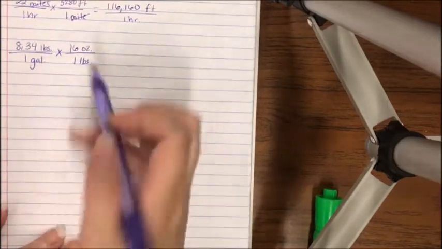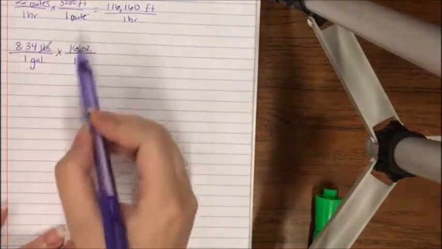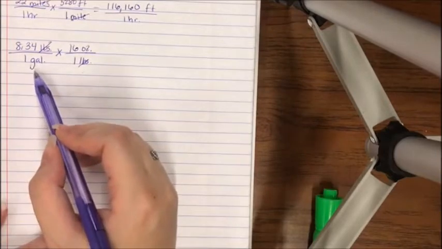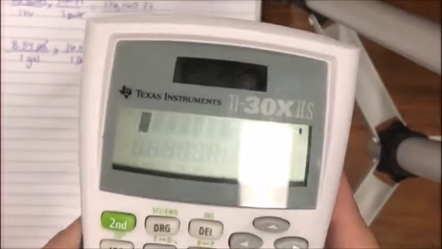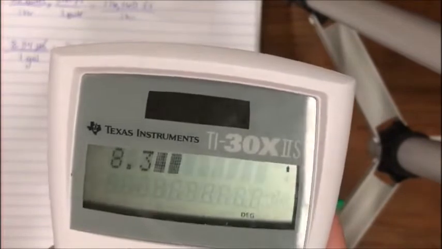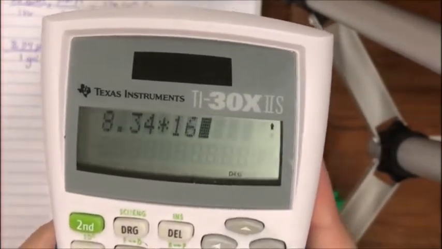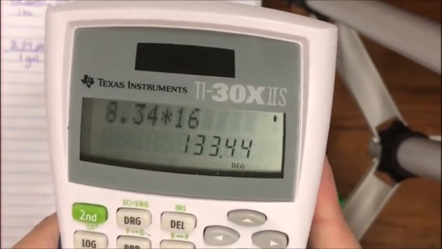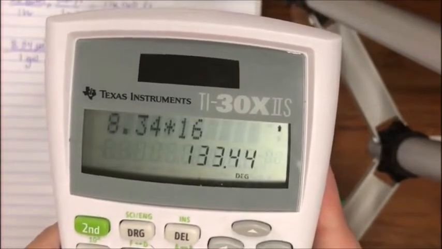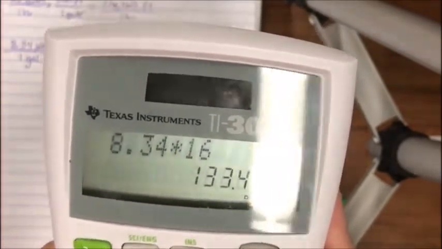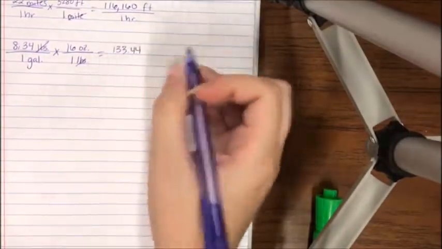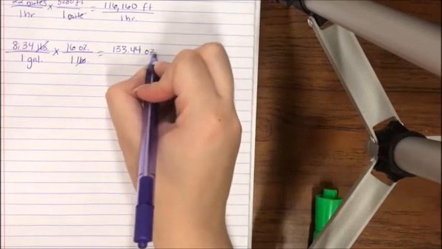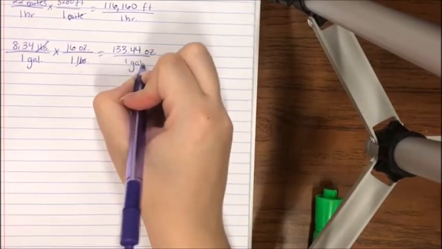Now I have pounds and pounds, so I can cancel that out, and I'm left with ounces and gallons, which is what I wanted in my original problem. So now I'm going to multiply. So I'm going to take my calculator. I'm going to multiply 8.34 times 16. And I get 133.44. Okay. And that's ounces per gallon.